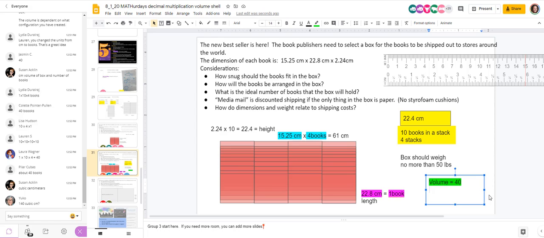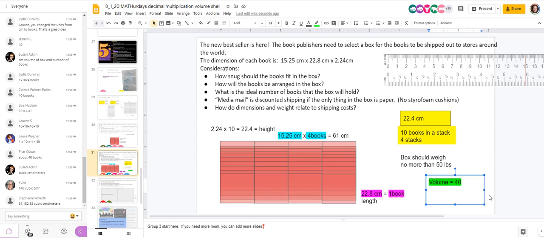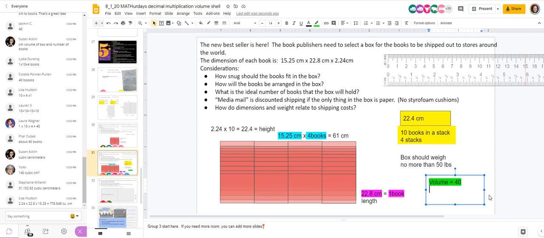How did you get that? That's a good question. I'm thinking 4 stacks, because the 40 I was thinking is just the volume of one stack of 10. Oh, so let's figure out what the 40 is. Laura, you wrote 1 times 10 times 4 equals 40. Can you give us some units to that? Can you tell us what you're thinking the 40 means?